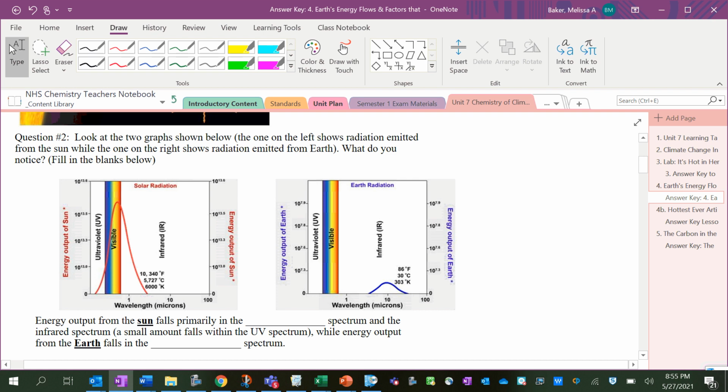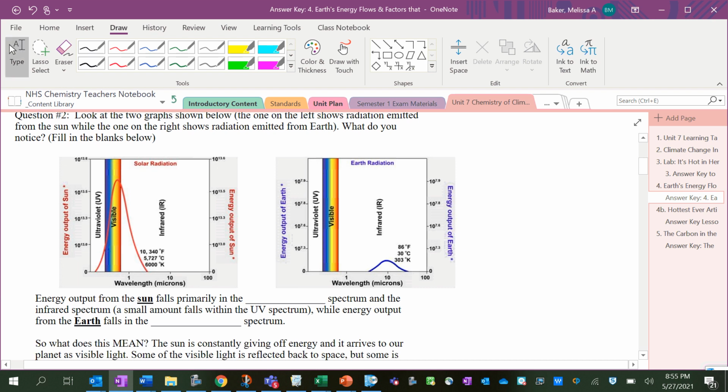Question 2, look at the two graphs shown below. The one on the left shows radiation emitted from the sun, while the one on the right shows radiation emitted from Earth. What do you notice? Fill in the blanks. Well, the solar radiation, the energy from the sun, falls mostly in the visible spectrum. That's where it peaks right here.